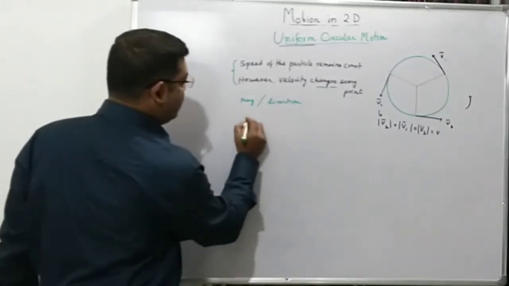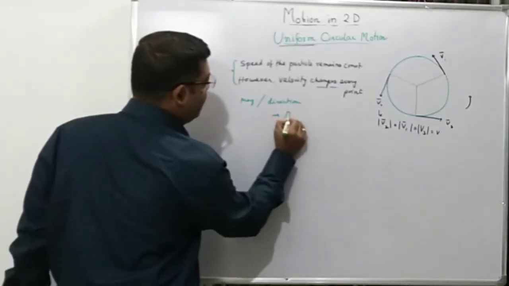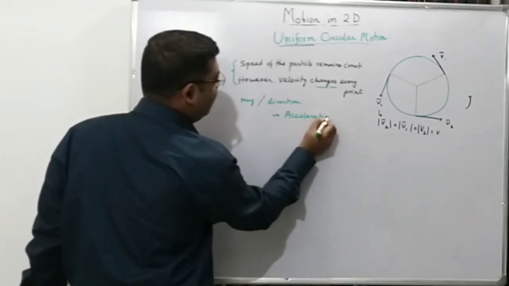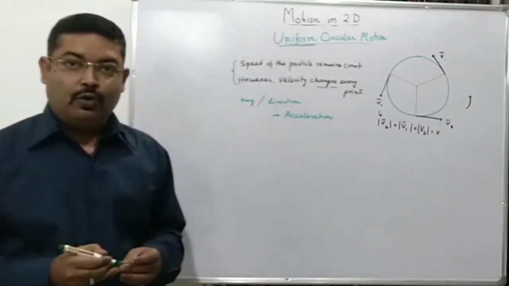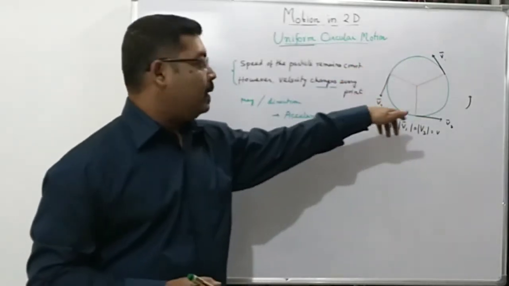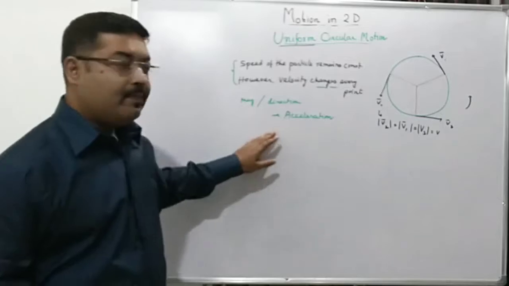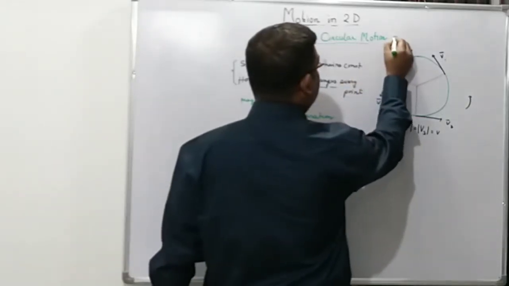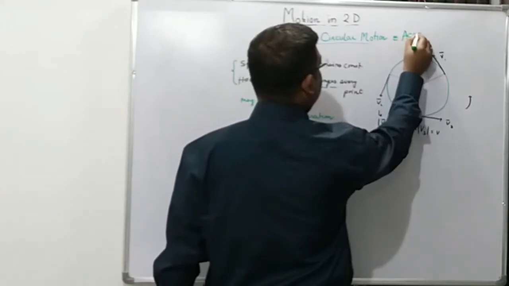And change of velocity is caused by acceleration. So, uniform circular motion, even if this object is moving at a constant speed around the path, is an example of accelerated motion.